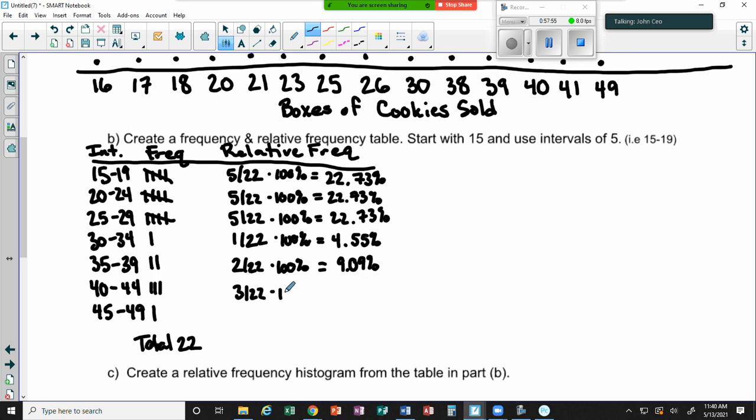Three out of 22 times 100. It's going to be 13.64. And we already did 1 out of 22, 4.55%.